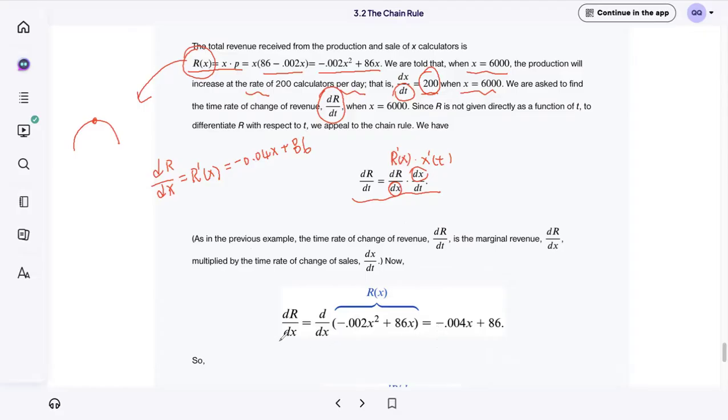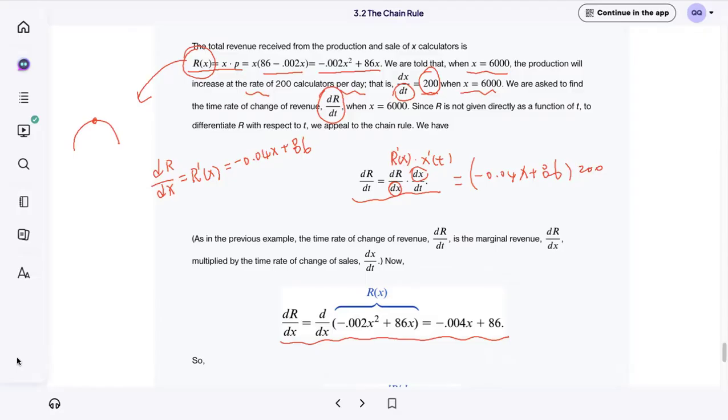So this is dR/dx. Then dx/dt is, not 6,000, dx/dt is 200. Just multiply this. So this equals negative 0.04x plus 86 multiplied by 200. A linear function, right? And also the slope is negative.